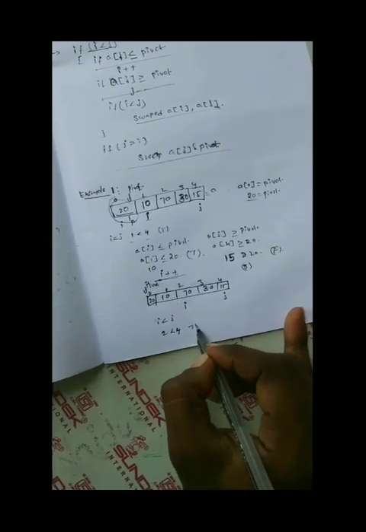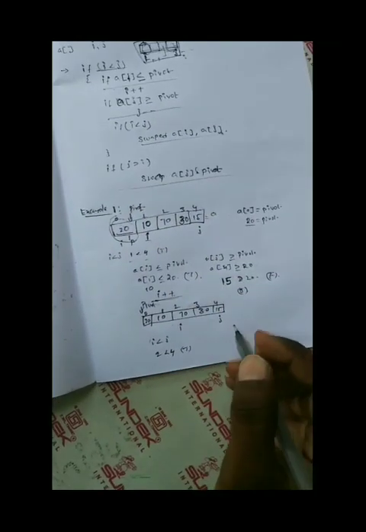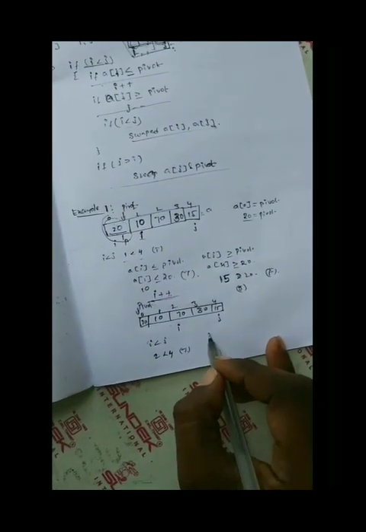And here the condition is true. Now we are entering another condition in this loop. Here A of I less than pivot.